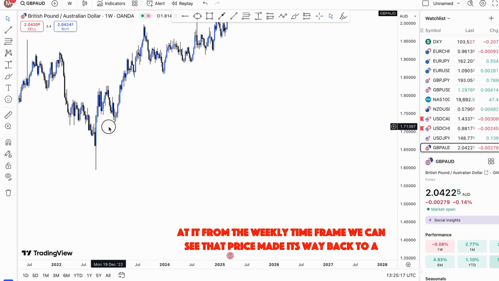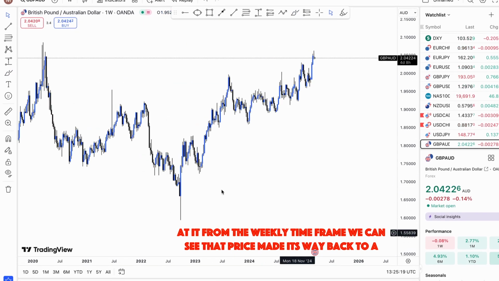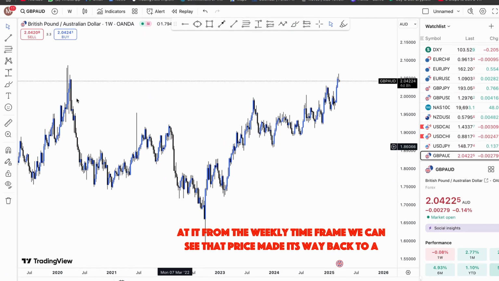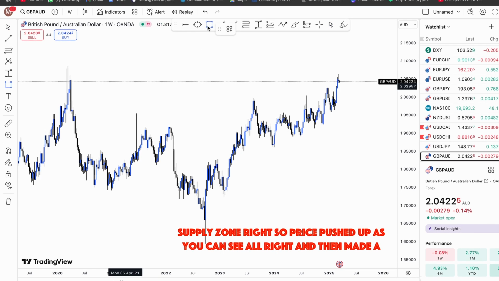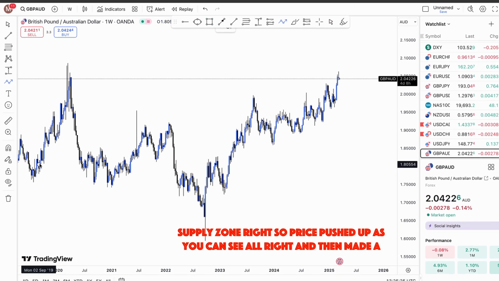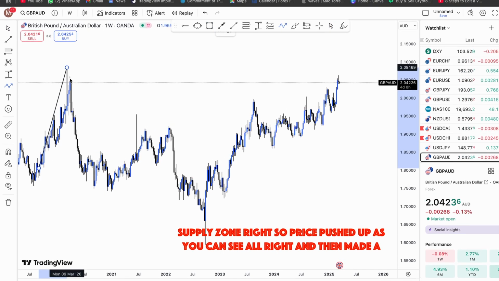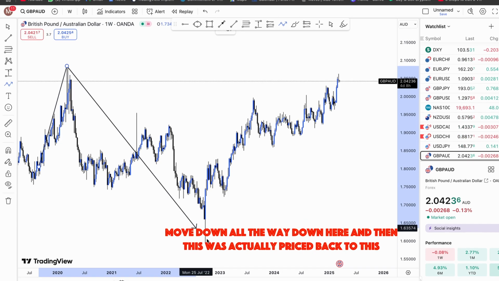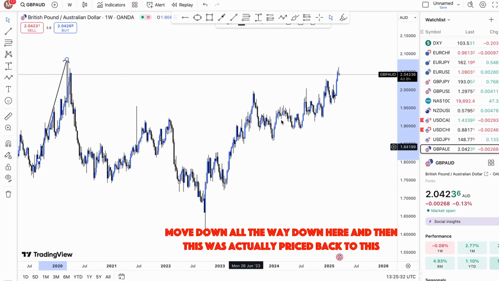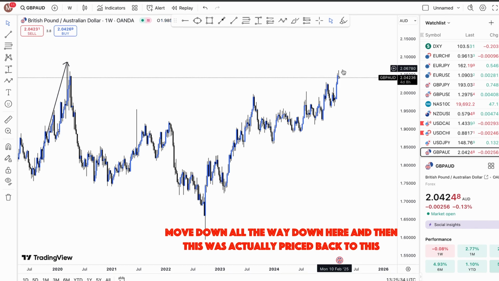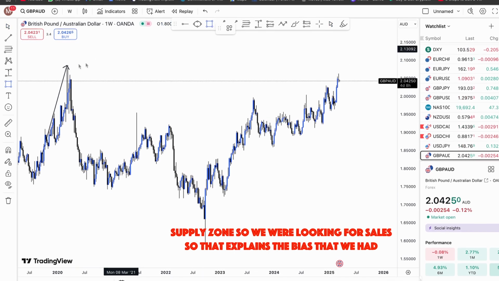So looking at it from the weekly time frame, we can see that price made its way back to a supply zone. So price pushed up, as you can see, and then made a move down all the way down here, and then this was actually price back to this supply zone. So we were looking for sales.